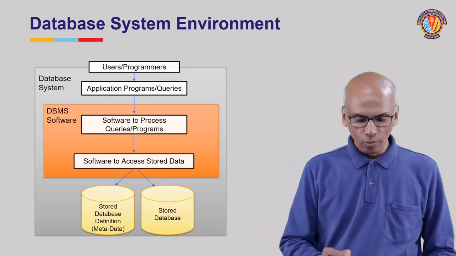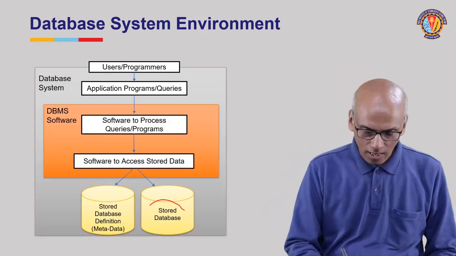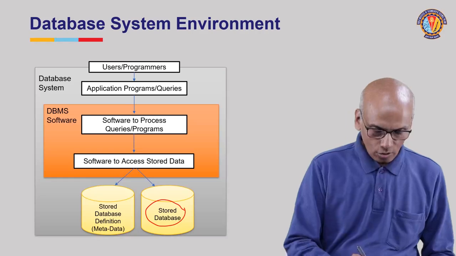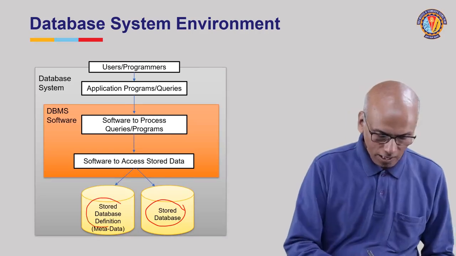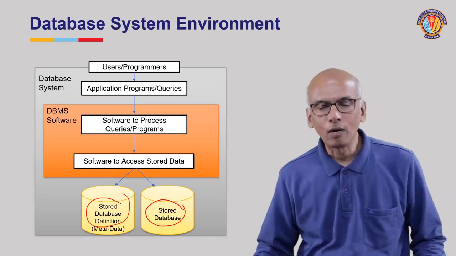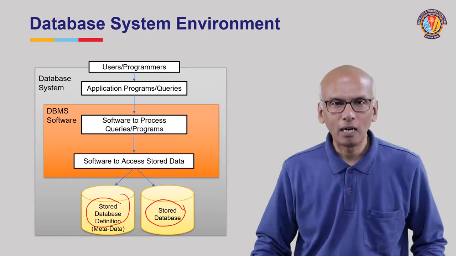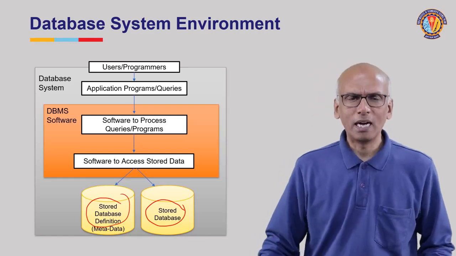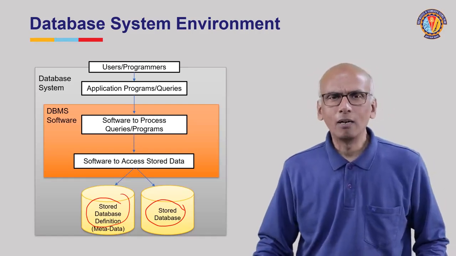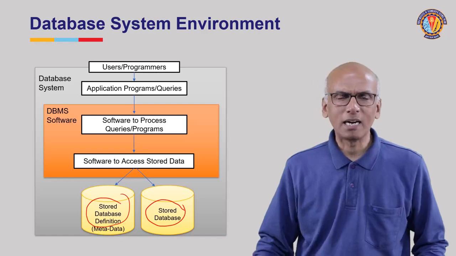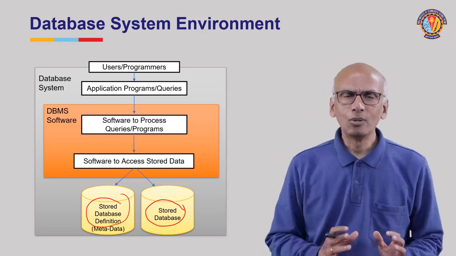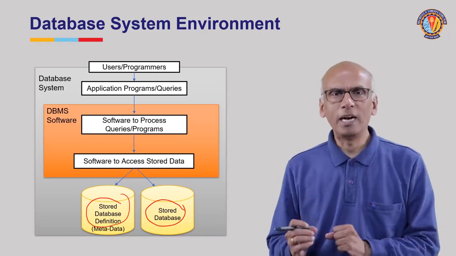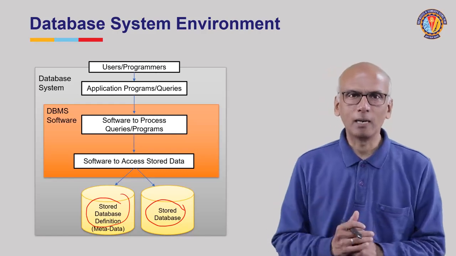It needs to know where the data is stored, and it also needs to know the definition of the data. The definition may include the type of the data and size of the data. We may broadly refer to this as metadata, and you may sometimes refer to it as a catalog. So that tells you the information about the data, or you may say data about the data.